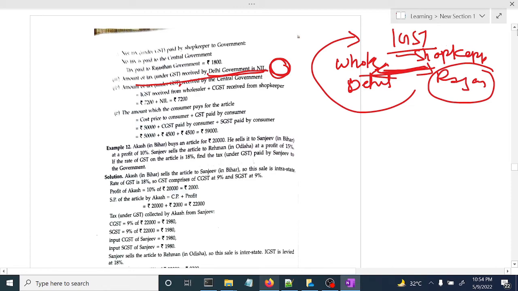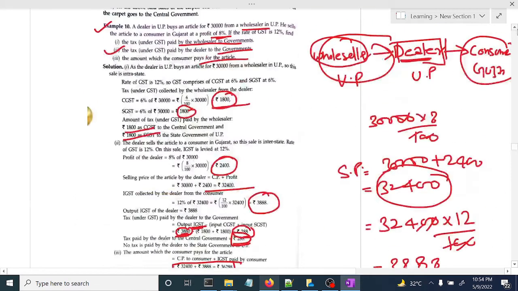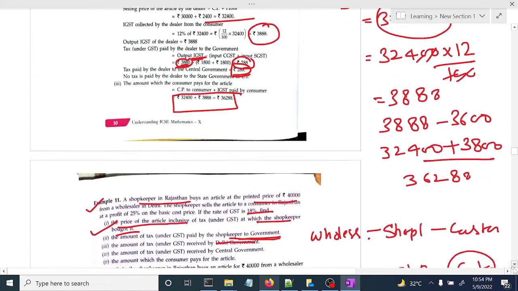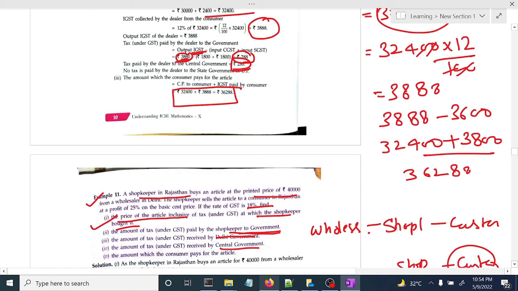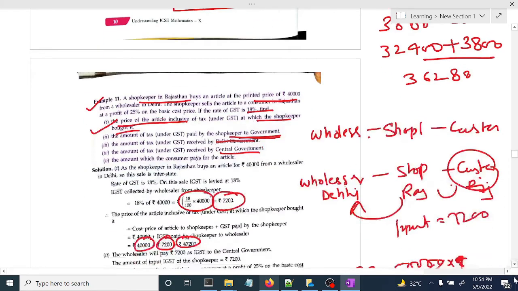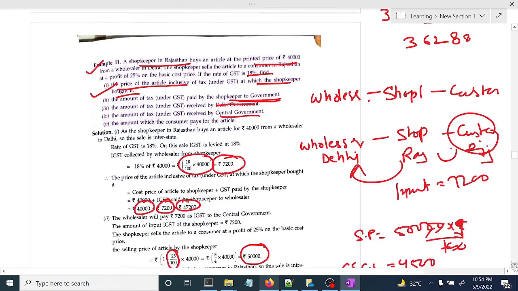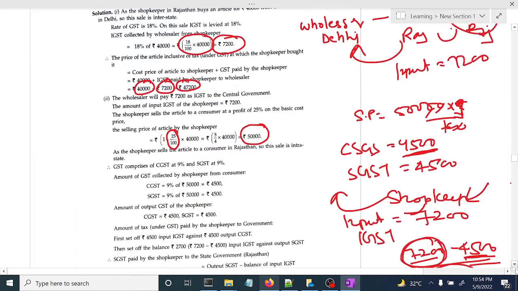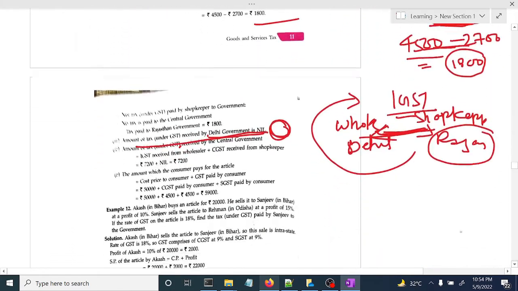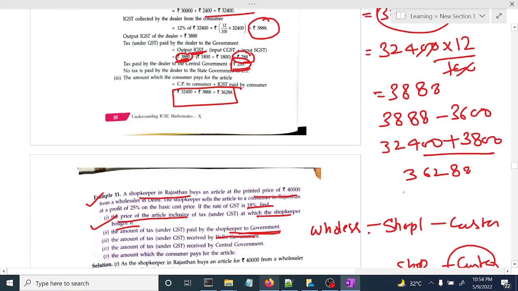Then the fourth question here is the amount received by the central government. So the central government received how much? 7200 for interstate, remember, 7200 for interstate, right? So that's all the central government will get.